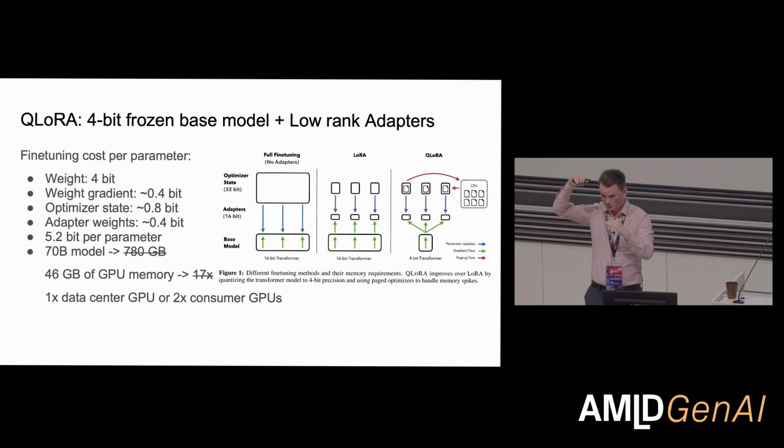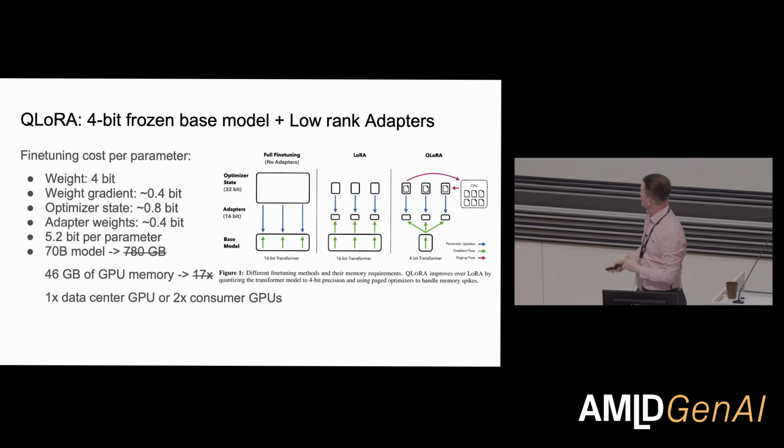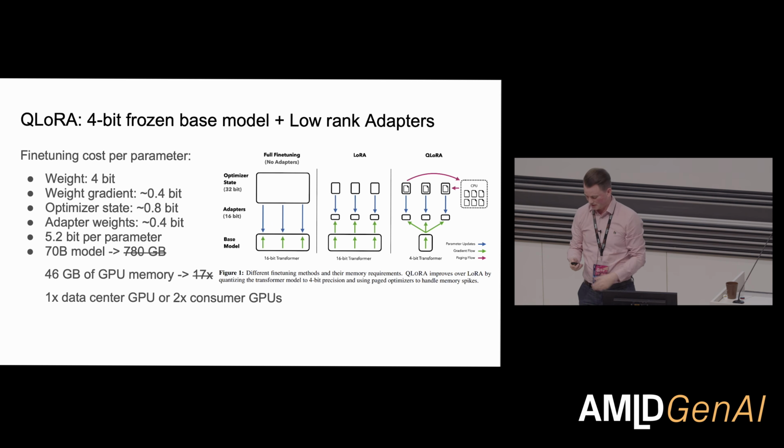These usually have a higher precision, 16-bit, but they're tiny. And so if you fine-tune the model, you backpropagate through the frozen model into the adapters that are adapted during fine-tuning. And if you have this setup, it only consumes about 5.2 bits on average. And that gives you 46 gigabytes. And that fits on a single low-grade data center GPU.